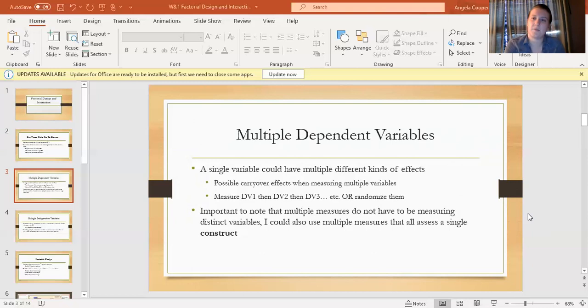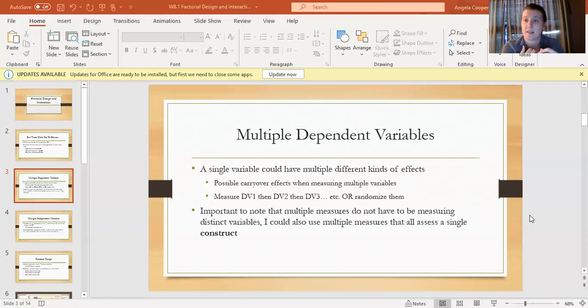However, when it comes to measuring multiple dependent variables, carryover effects come into play. Keep in mind that when we talked about within subjects design, where one person takes part in all the conditions of a particular independent variable, there were issues of the fatigue effect, where you get bored or tired of doing the same thing over and over again, so your performance might suffer.